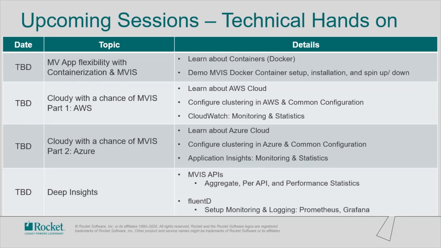And then moving on to the future, these ones haven't actually been fixed with a date yet. Multi-value app flexibility with containerization and MVIS, followed by Cloudy with a Chance of MVIS, which will be around AWS Cloud, and then Cloudy with a Chance of MVIS Part 2, which will be around the Azure Cloud.